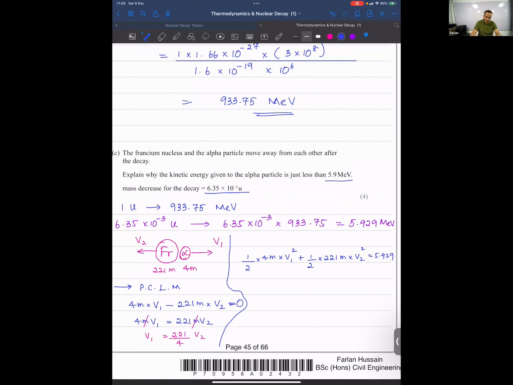Okay. So half into 4m into V1 square is 2m V1 square. Plus half into 221m, which is 110.5m, into V2 squared. V2, I will take it from here. V2 is 4V1 over 221, and that needs to be squared. This is 5.929.